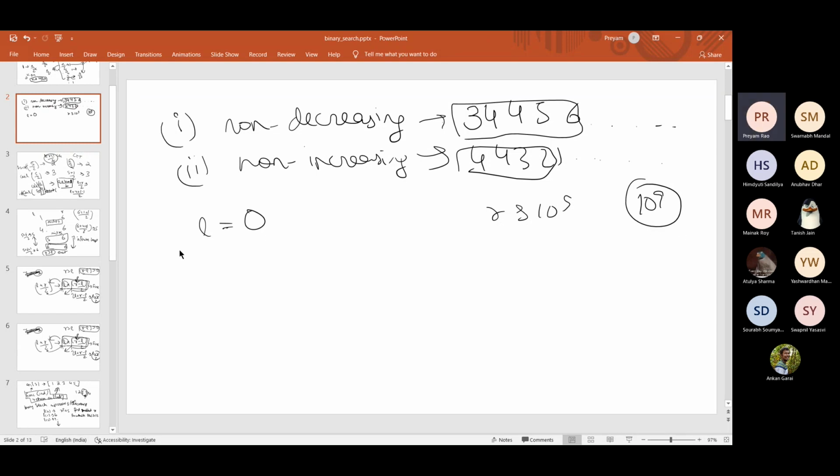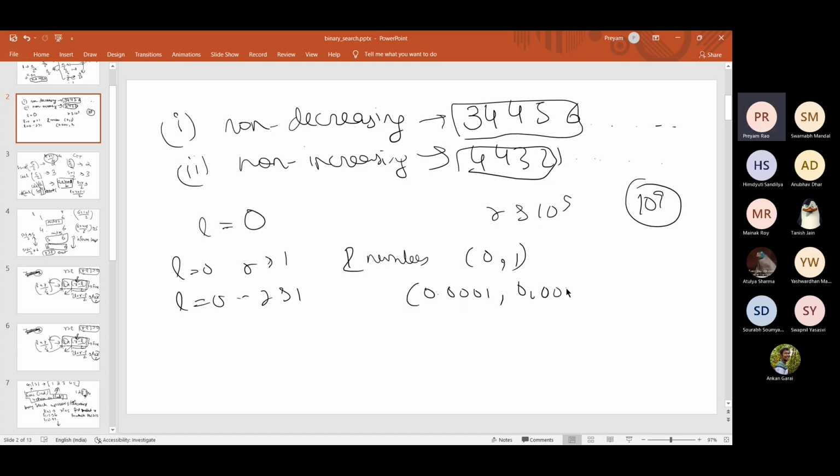That is because between L equal to 0 and R equal to 1, there's just one number, or rather two numbers, 0 and 1. But in the case of real numbers, between L equal to 0 and R equal to 1, there are a lot of numbers, right? 0.001, 0.002, 0.003, and so on and so forth.